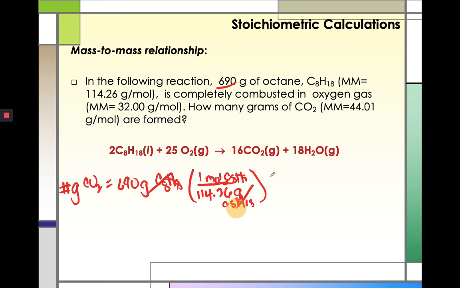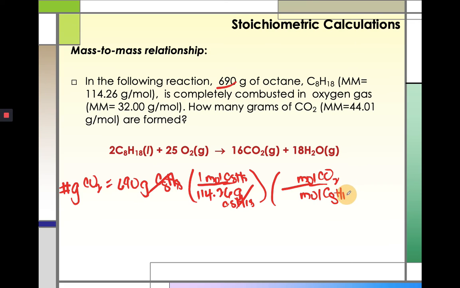After getting the moles of octane, what's the next thing that we have to add as a conversion factor? It is the mole ratio between carbon dioxide and octane. We need to get the moles of carbon dioxide, and I hope you understand why we place this as our numerator, since we wanted to cancel out moles of octane, mole of C8H18. Where do we find the mole ratio?